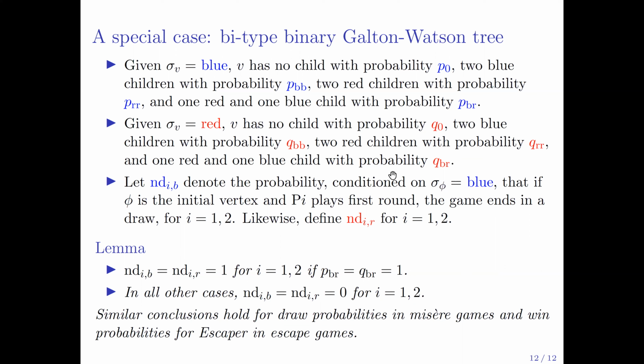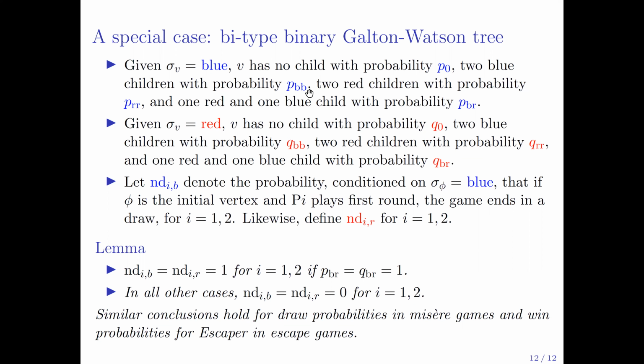So we look at a bi-type binary Galton-Watson tree. What does that mean? First of all, binary Galton-Watson tree, at least when it comes to me, the definition is that every vertex will have either no child or exactly 2 children. Because this is a bi-type binary Galton-Watson tree, there are 2 colors involved, blue and red. Given that v is a vertex whose color is blue, it has probability P0 of being childless.